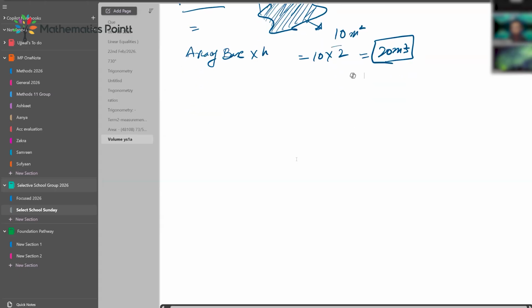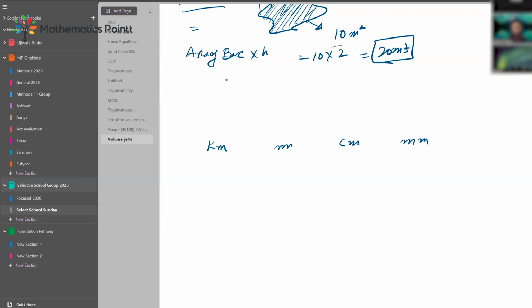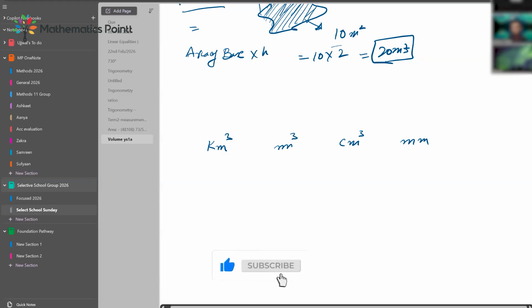Now, when we talk about conversions, the units of measurement are kilometers, meters, centimeters, millimeters. Now we are talking about volume, so it's kilometer cube, meter cube, centimeter cube, and millimeter cube.